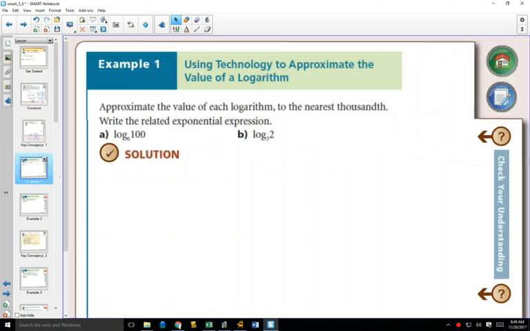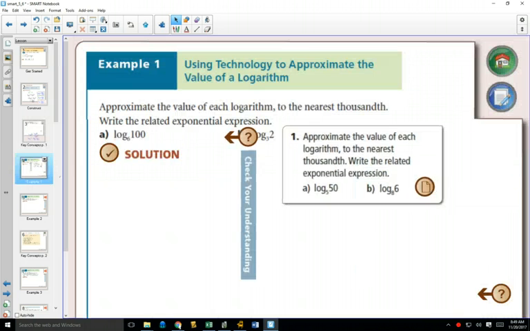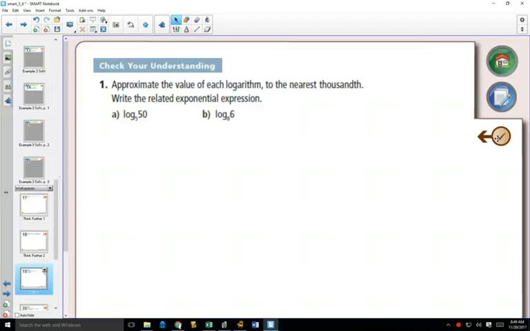Okay, let's look at example 1. It just wants you to approximate the value of these. They're pretty straightforward. You can just type it in, but it says also write the related exponential expressions.